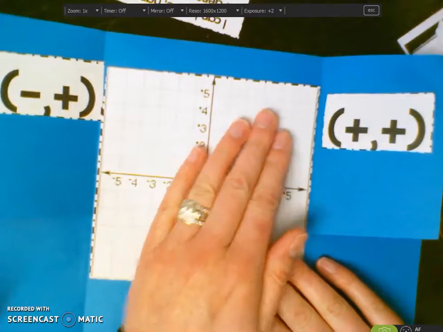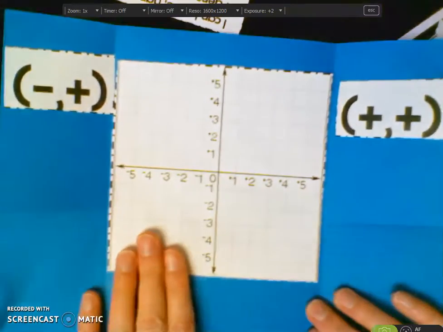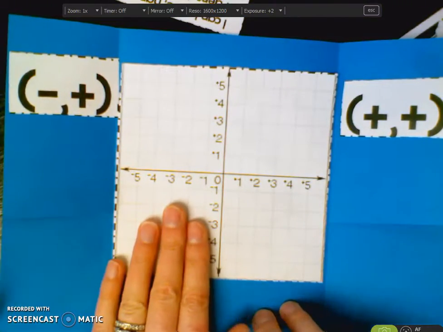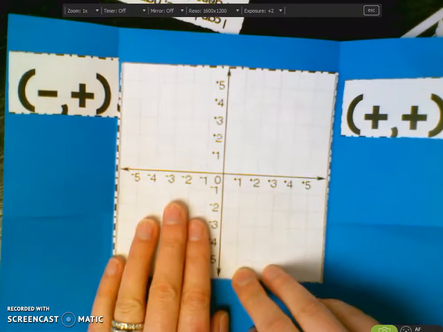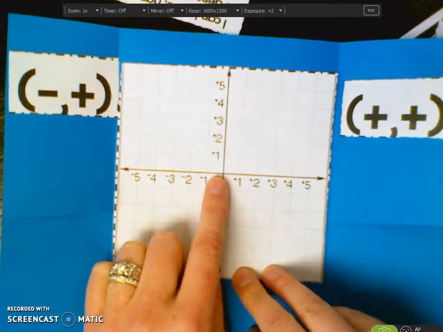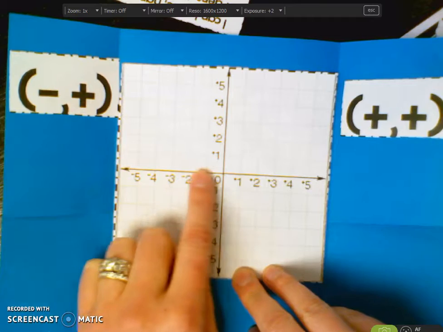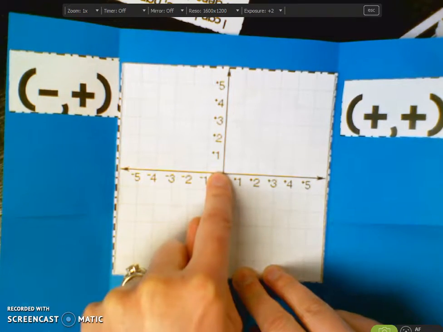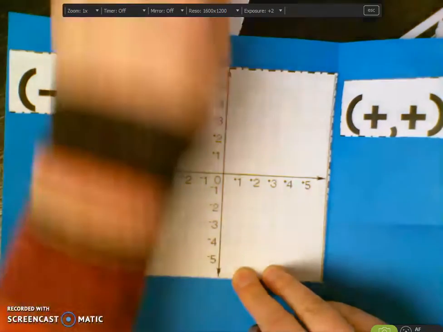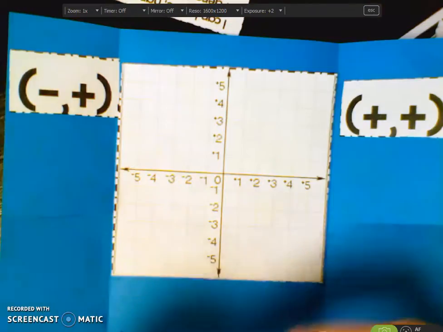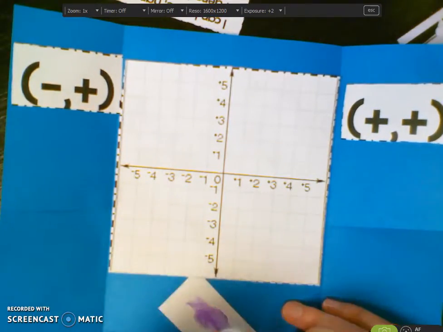That's quadrant 1, quadrant 2. Now we're going to graph quadrant 3. In quadrant 3, we would graph a negative followed by a negative. So we are going to put the negative, negative in there.